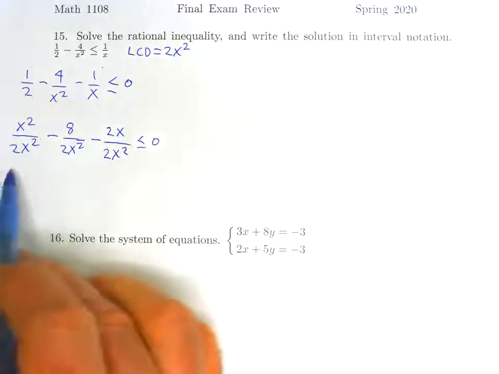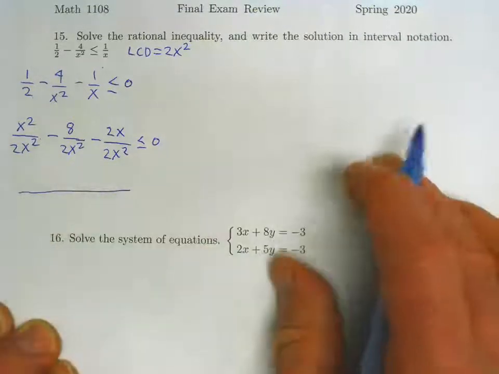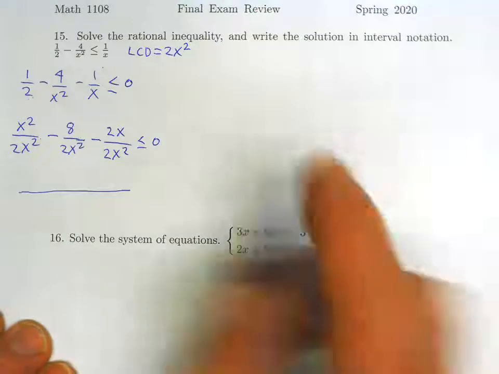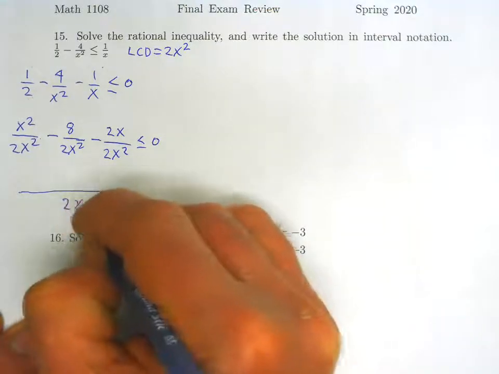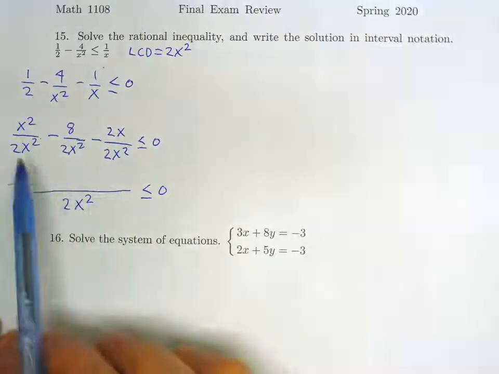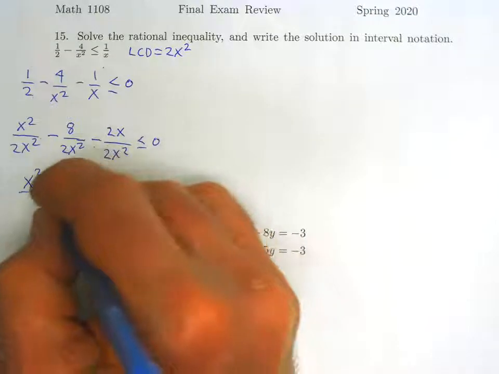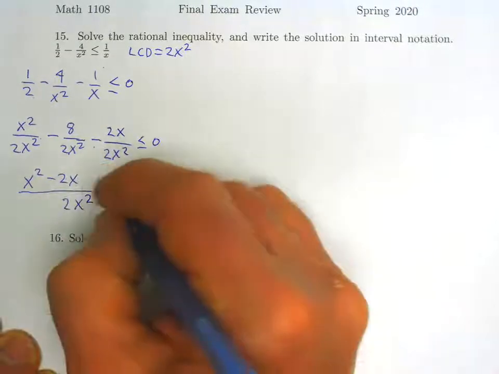Now that I have a least common denominator, I can write this as a single rational expression with a common denominator 2x squared. In the numerator, we have x squared, minus 2x, and also minus 8.